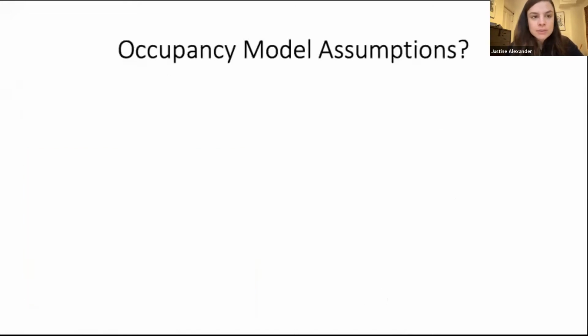Kustub, I don't know if you want to write on your screen, because sometimes my annotation doesn't work. If anyone wants to write in the chat or the mic some assumptions they remember from the previous classes about occupancy. We touched upon some of them at the end of class last time.